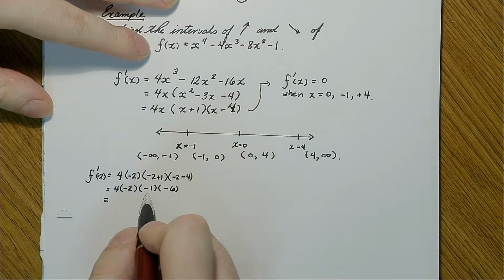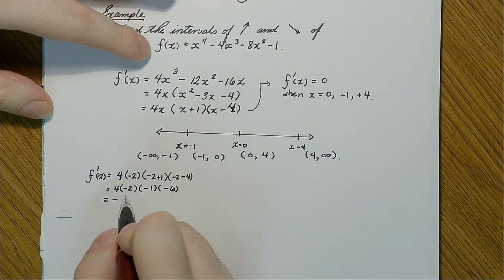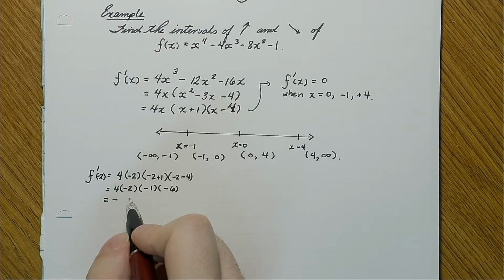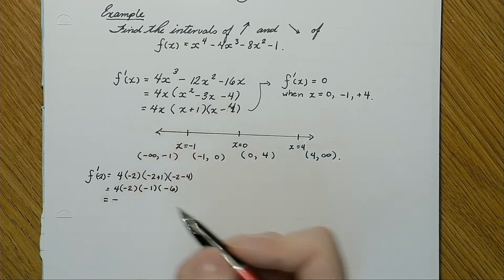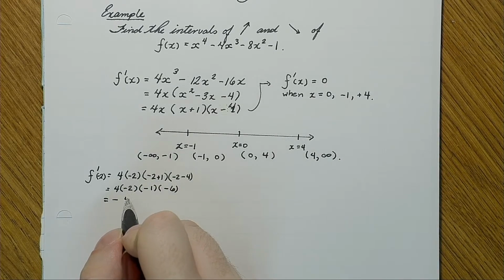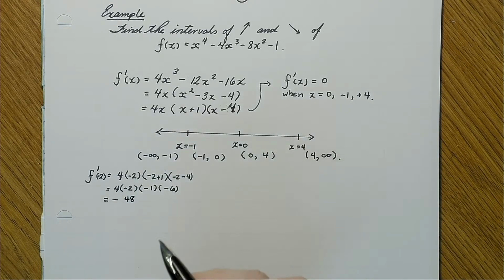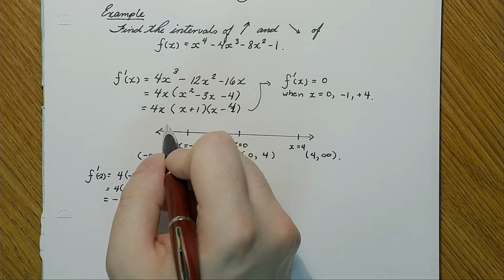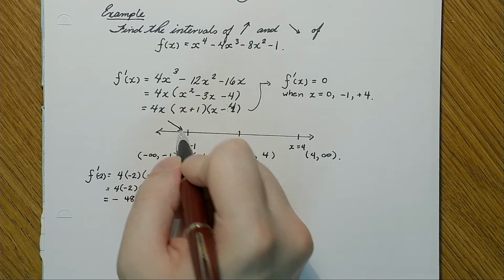So I have a minus, a minus, a minus, so I still keep the minus. And then I have 8 times 6, which is 48. So it's still definitely quite negative. So that means that it is definitely decreasing.